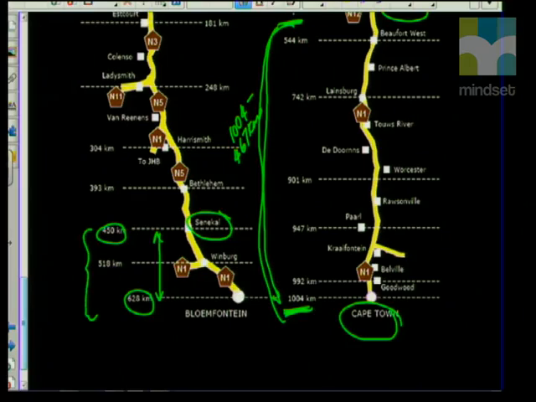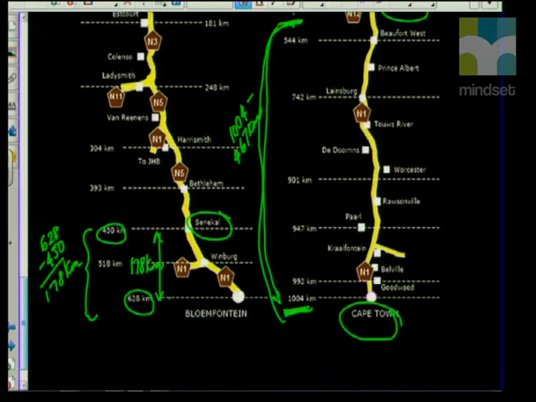So in order to do that, I would have to do 628, take away my 450. And that should give me 178 kilometers. So now I've worked out that from Senekal to Bloemfontein is 178 kilometers.